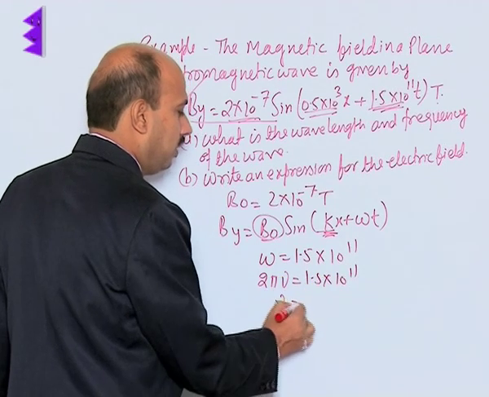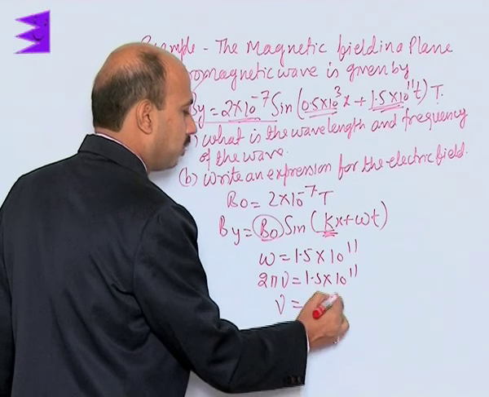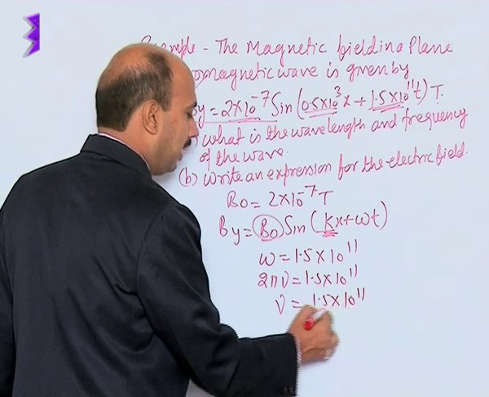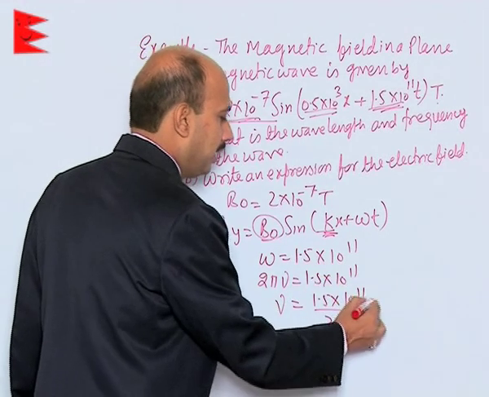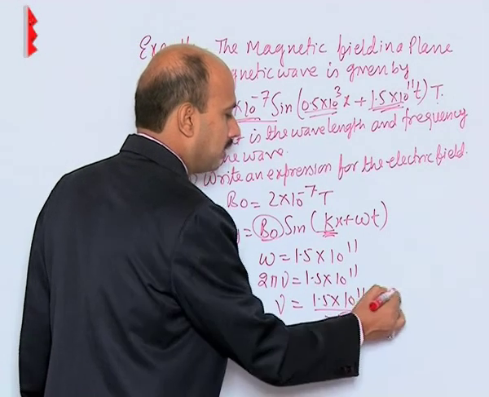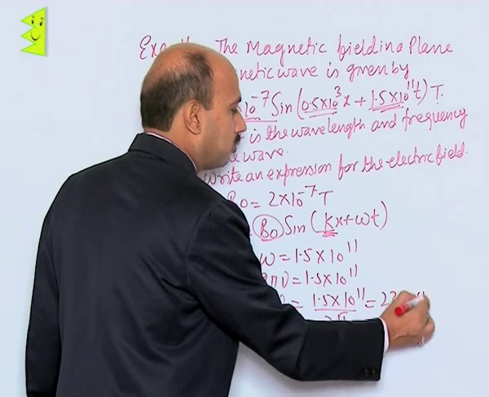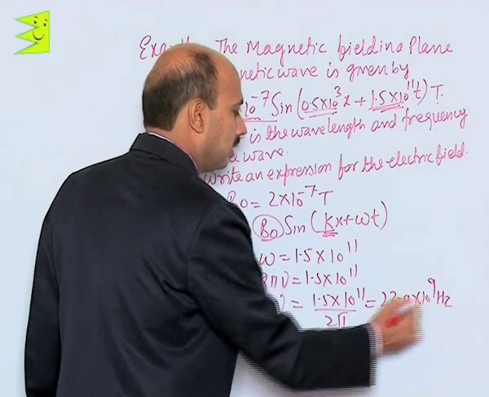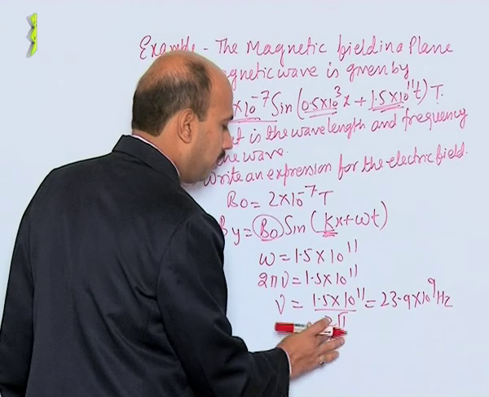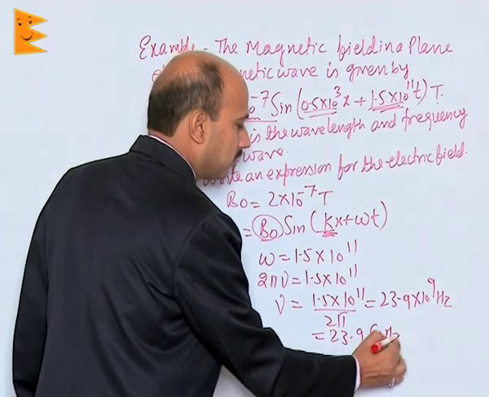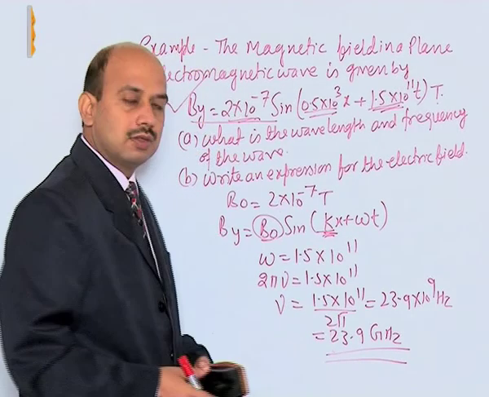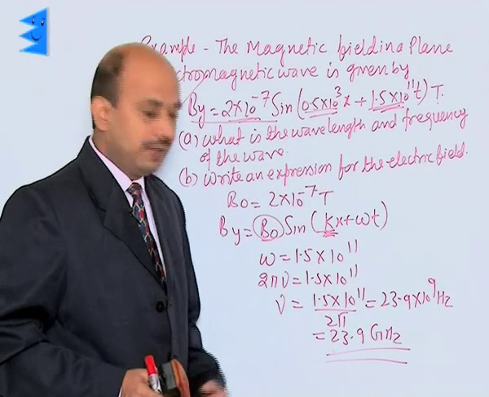So, nu is equal to 1.5 into 10 raised to power 11 upon 2 pi, and when you solve it you will get around 23.9 into 10 raised to power 9 hertz, that is 23.9 gigahertz. This is about the wavelength and frequency of the electromagnetic waves.